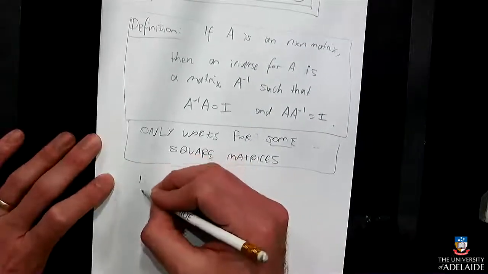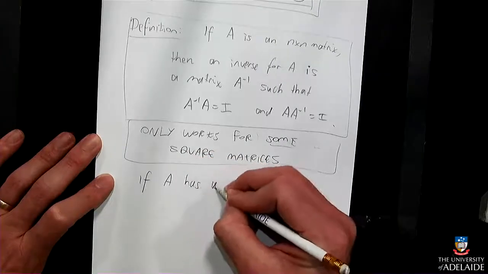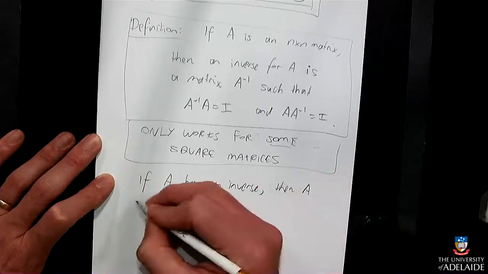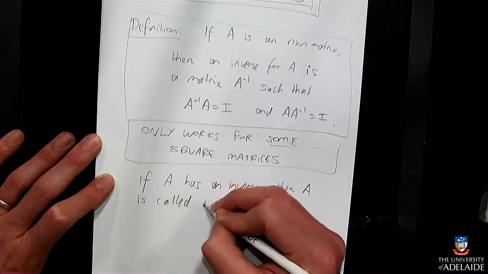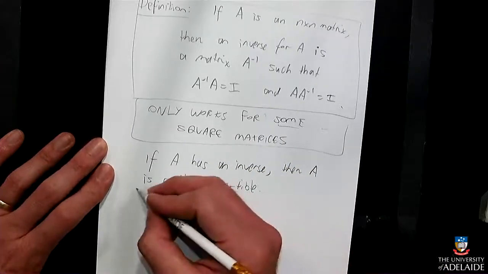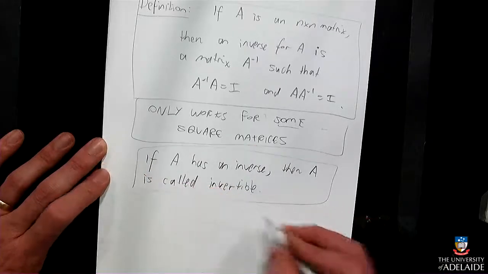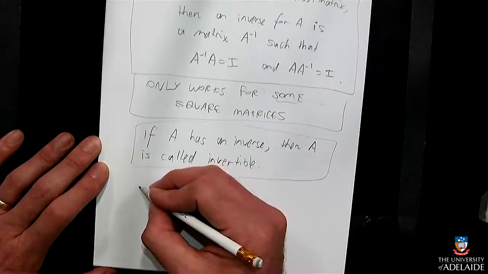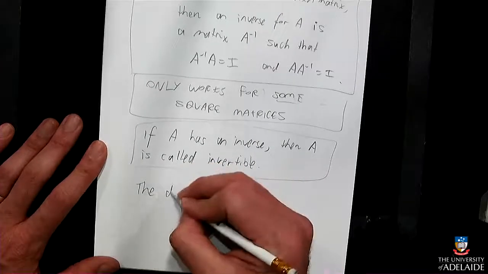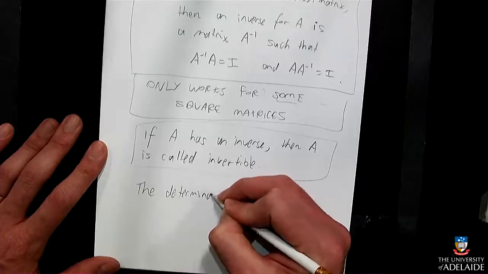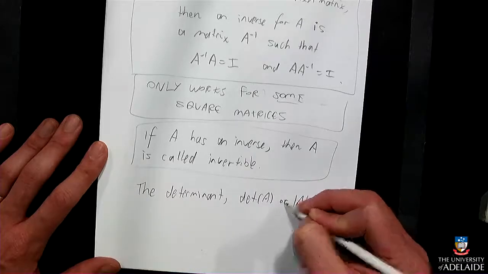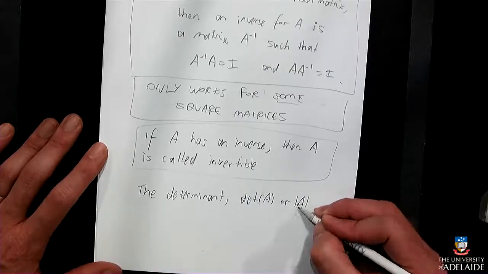So if A has an inverse, then A is called invertible. Also, we can calculate the determinant, which is det A, or the determinant of A. It looks like an absolute value, but it's not.